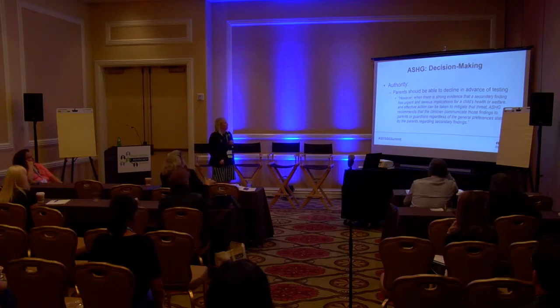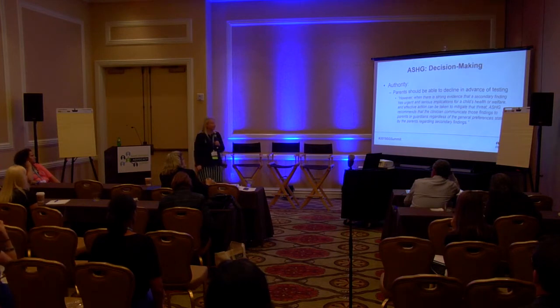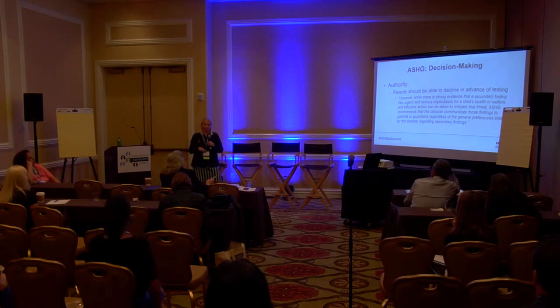However, when there is strong evidence that a secondary finding has urgent or serious implications for a child's health or welfare, and effective action can be taken to mitigate that threat, the American Society of Human Genetics recommends that the clinician communicate these findings to the parents or guardians, regardless of the general preferences stated by the parents regarding this finding. So it's actually giving a little bit more power now to the clinician, whereas before we were always very protective.